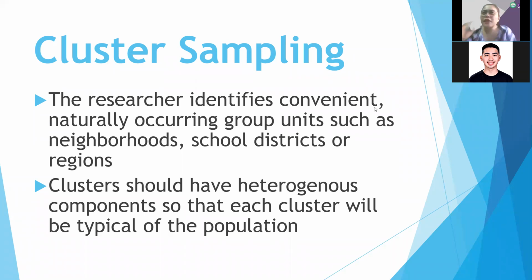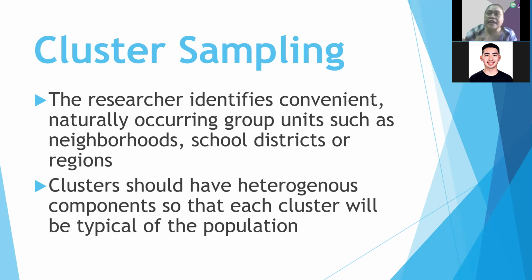Again, this next one is called cluster sampling. It actually has a similarity to stratified sampling, because we will also group the population into clusters. This time we call them clusters; earlier we called them strata. The subgroups in stratified sampling are strata, and here we call them clusters. But how are they different?